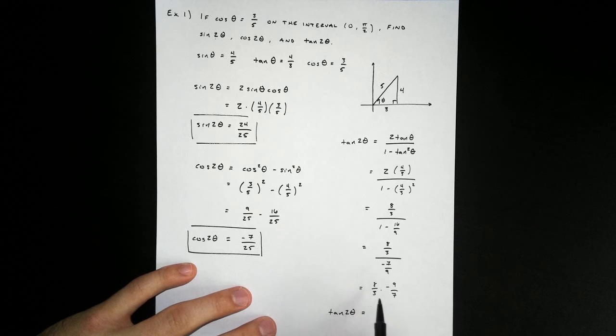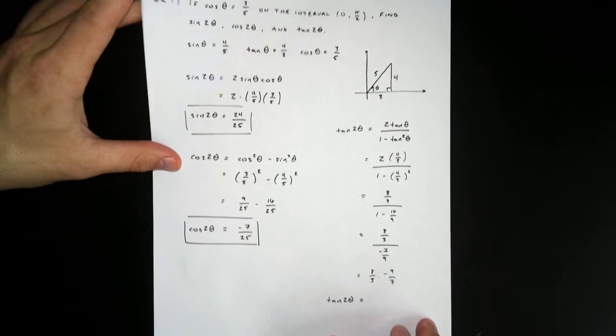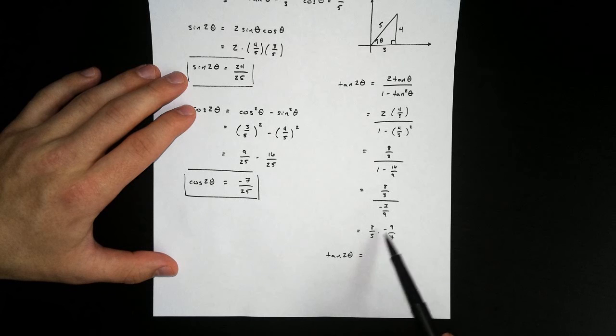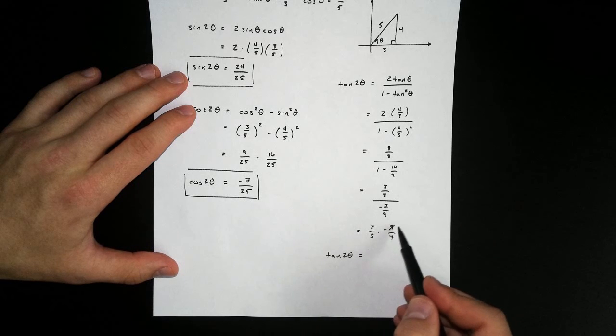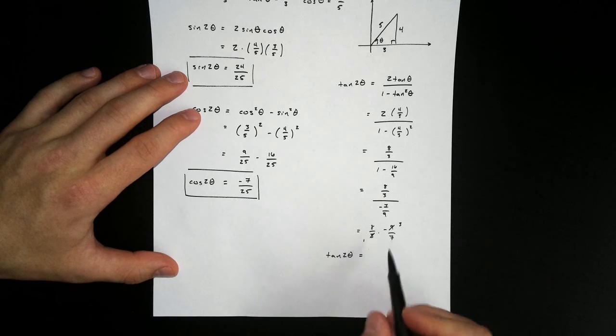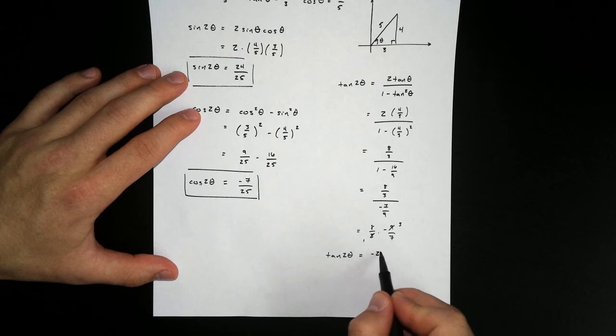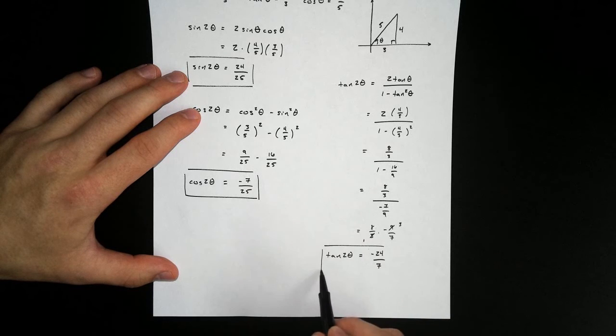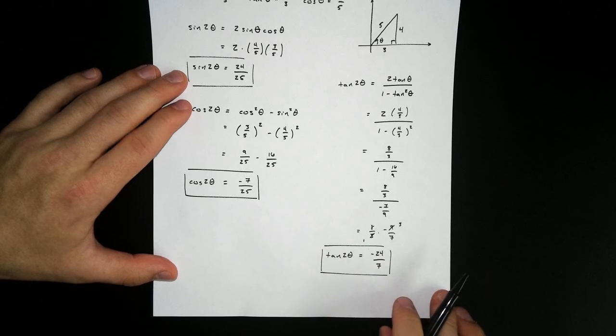And then to finish up, we can take out a common factor of 3 from the 9 and the 3. So that leaves me with 3 up here, and this will simplify to 1. So we end up with negative 24 over 7. And there we go.